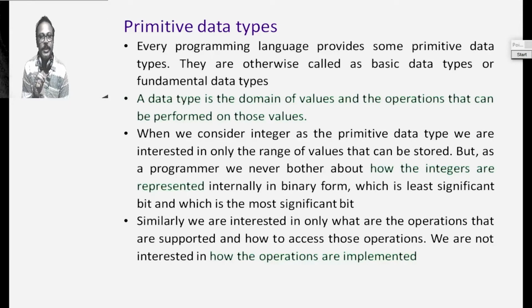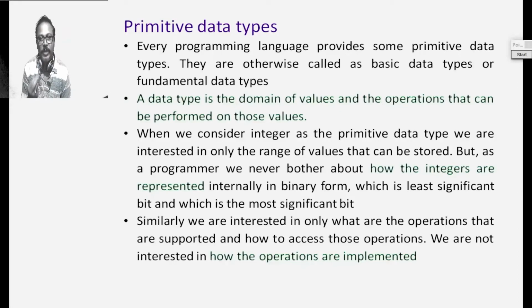Suppose you take the integer data type, the domain of values is maybe some negative value to some positive value. What are the possible values? And what are the operations you can perform? Usually, you can perform addition, subtraction, multiplication, etc. But usually, you cannot concatenate 123 and 567.